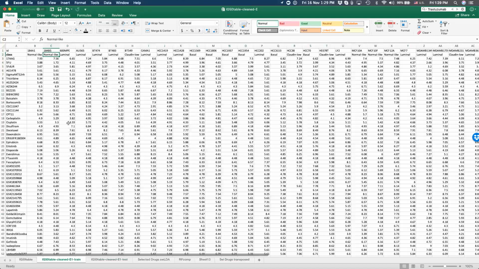Cell lines as groups. Okay, so Shirley, can you expand on that? What are you trying to say? What do you mean by cell lines as groups?